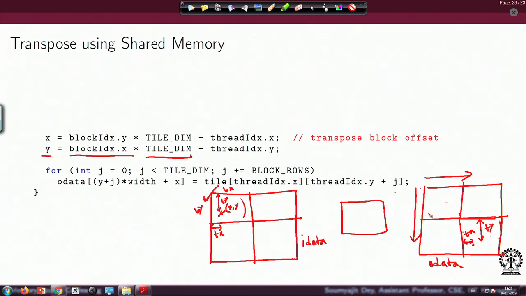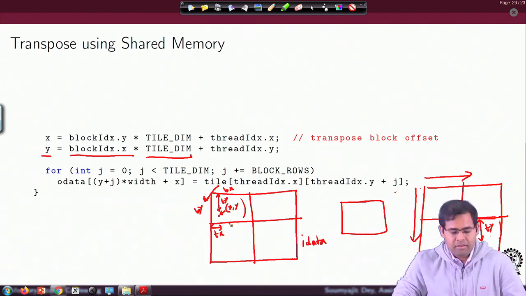So, from something here you come to something here. The relative position of this point with respect to this block is the same as the relative position of the original point with respect to its own block, just the block's position has been transposed. There is a reason why we are doing that.